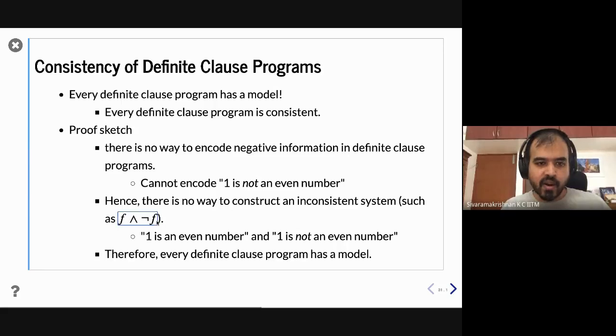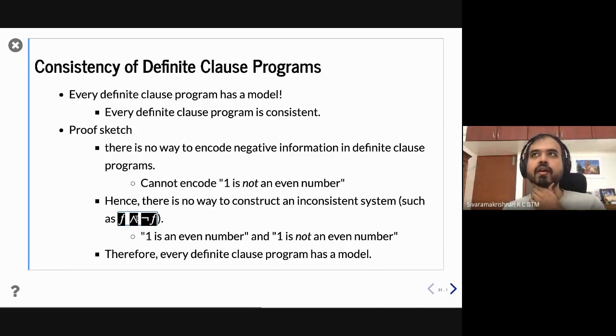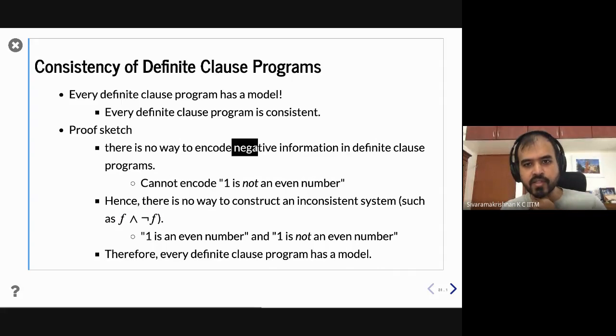For example, this is not a definite clause because we have a conjunction here. In a definite clause, everything is a disjunction. I will let you work it out in your own time, but the important bit is there is no way to encode negative information.